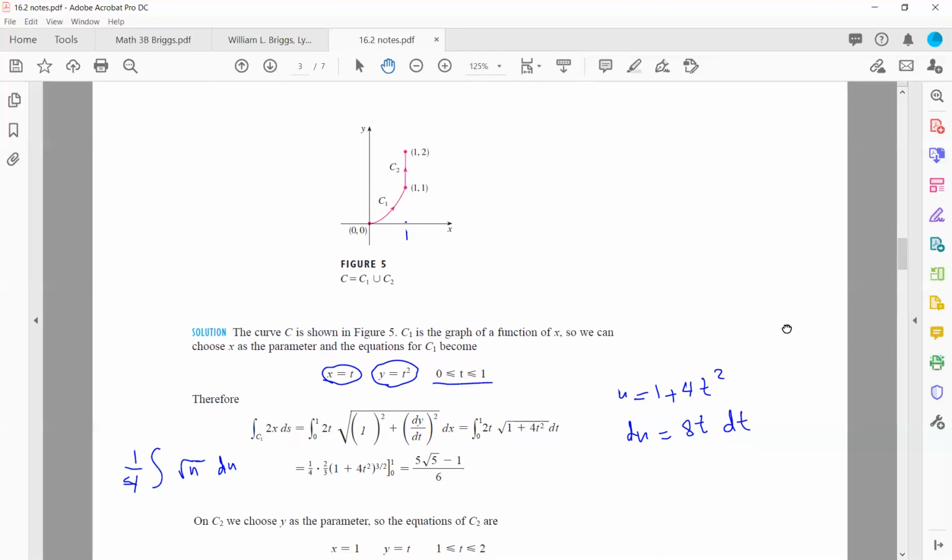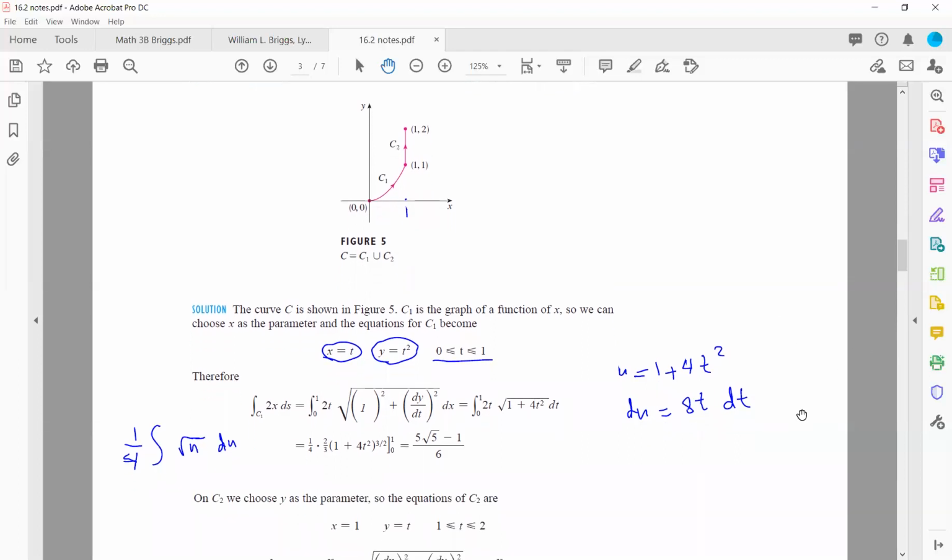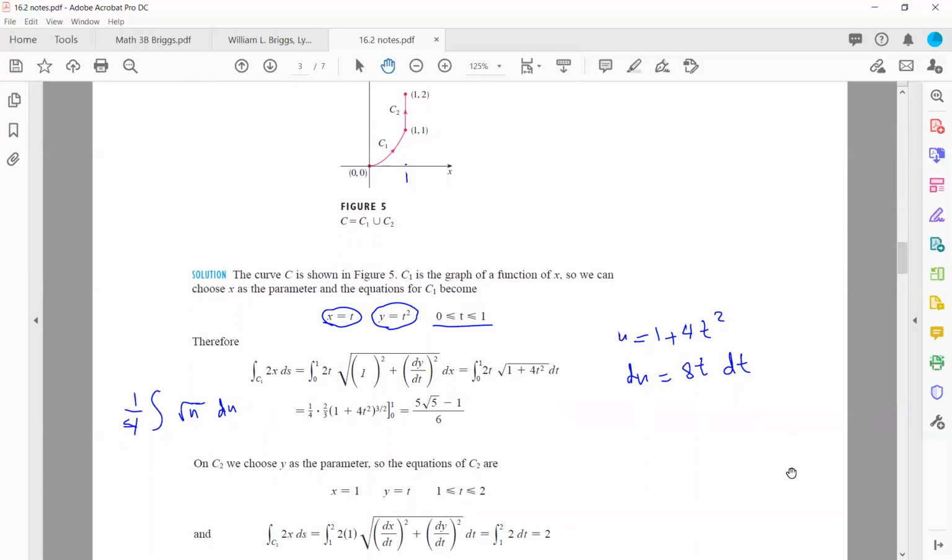Now, on C sub 2, you just have a vertical line. Your x is fixed, your x is just 1, but your y ranges between 1 and 2. So we can use parametrization. x is a fixed number equal to 1, and y just ranges between 1 and 2.